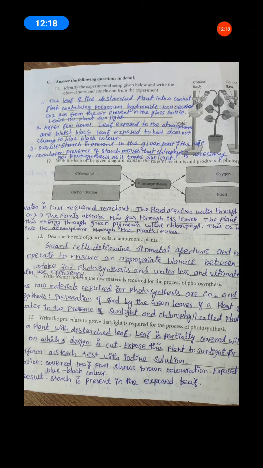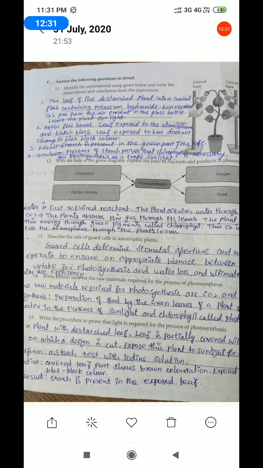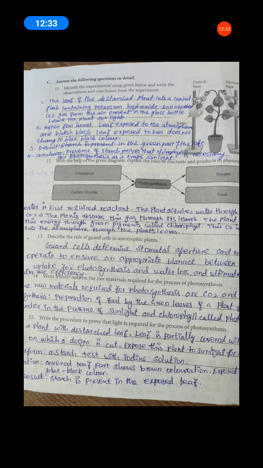Okay, next, question number 12. With the help of the given diagram, explain the role of reactants and products in photosynthesis. Listen, the photosynthesis products are given in the mind map: chlorophyll, carbon dioxide, oxygen, food. The first point, water is the first required reactant.